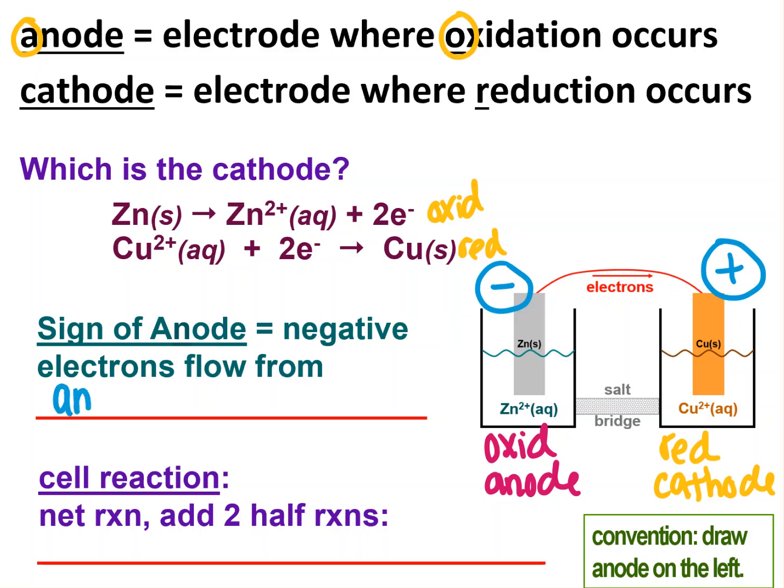In other words, from the anode to cathode. So have these relationships in your head, just kind of like you had to remember heat of reaction was negative for exothermic, and the water warmed up for that. You need to kind of have these relationships in your head. So on this one, these are our half reactions. So the net cell reaction is just this.